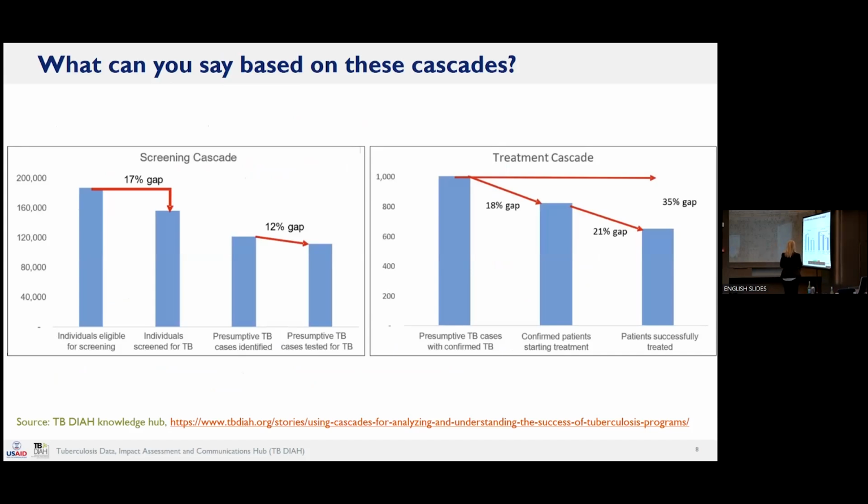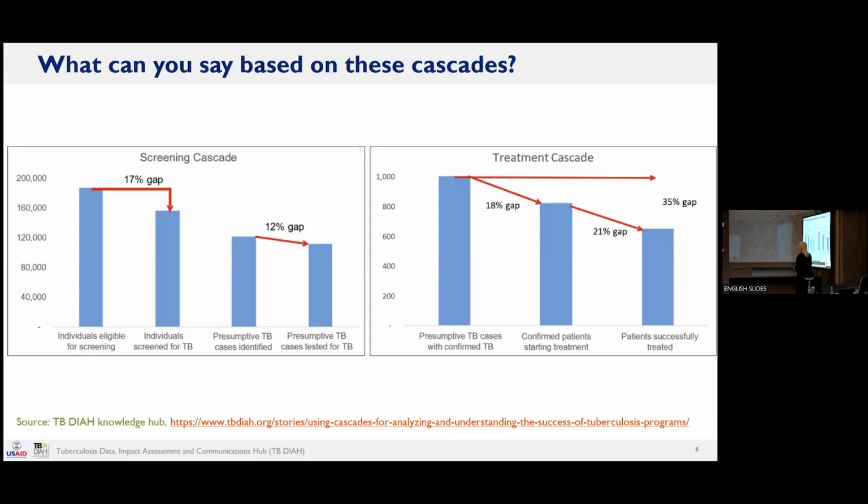One is from the screening, and another is about the treatment. So what can you say about these charts? What can you see from them? I understand that it's all very clear, but still, let's talk. Let's explain. Now, let's take the first one, the screening cascade. What do we see here?